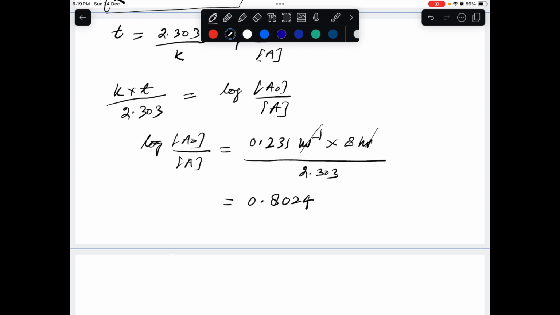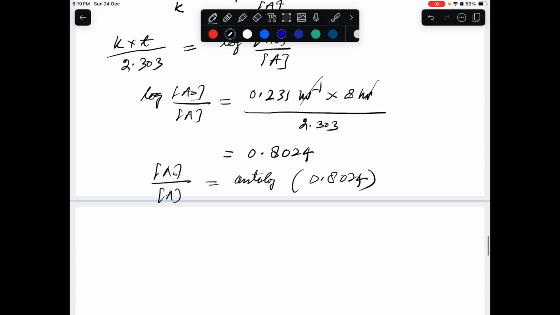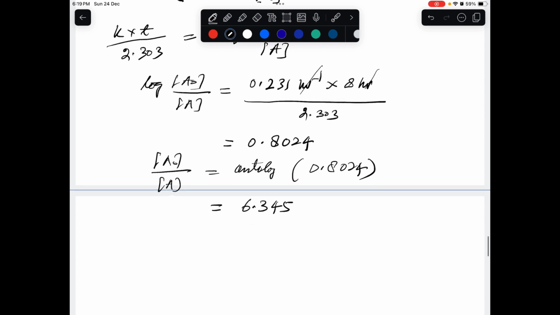Now your A naught over A will be equal to the anti-log of this value, that is 0.8024. Okay, and after taking the anti-log, we get the value as 6.345. Now we have to find out A upon A naught.